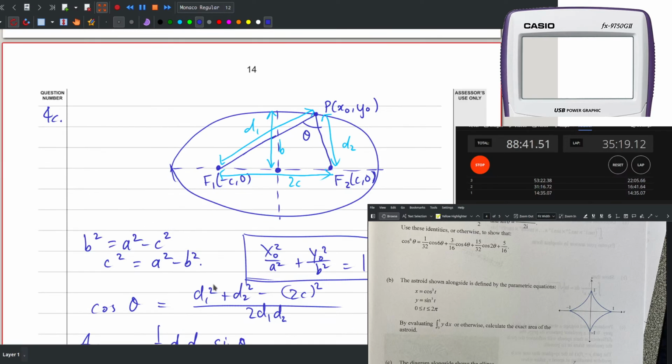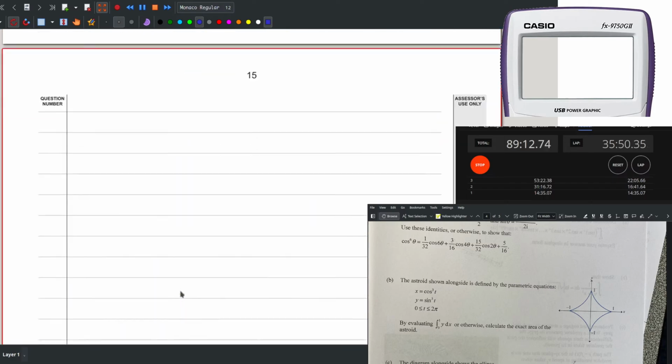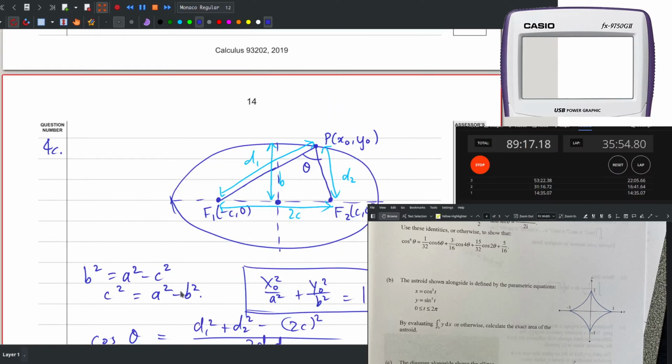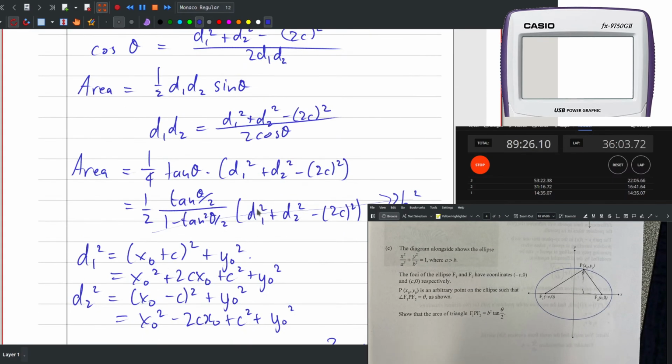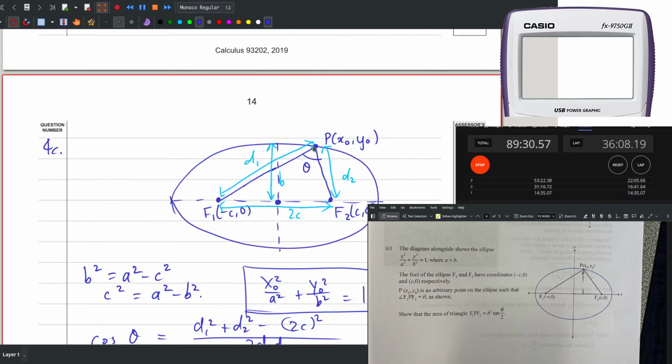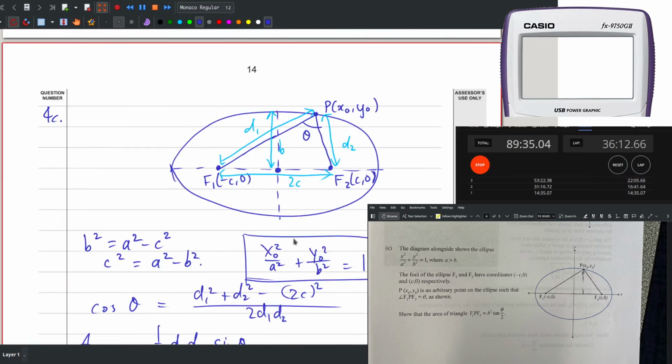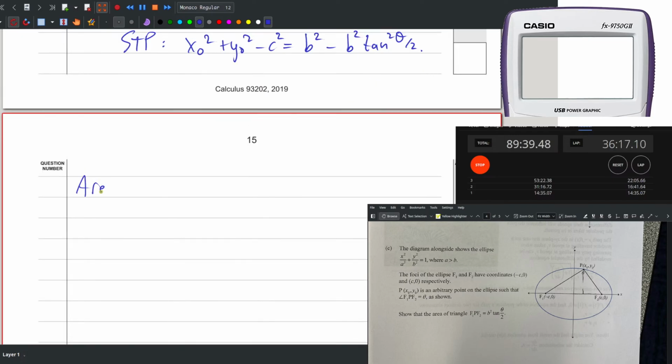Far out. How do you do this? Maybe I will do the strat where the area equals 2c times the height.